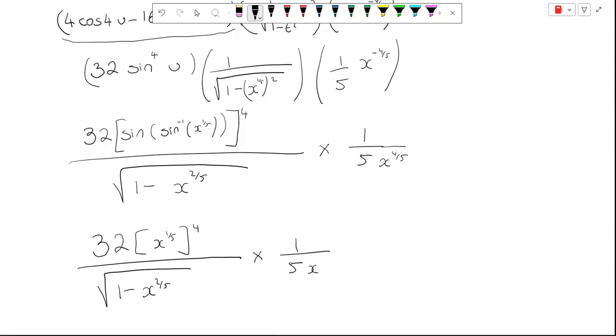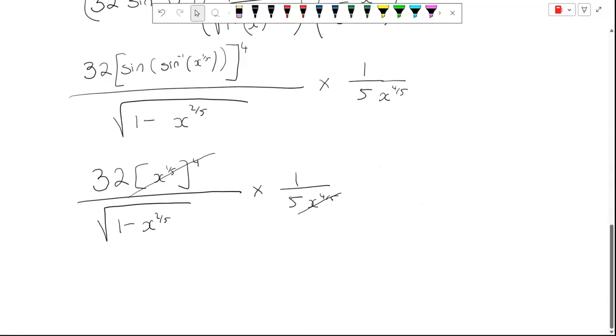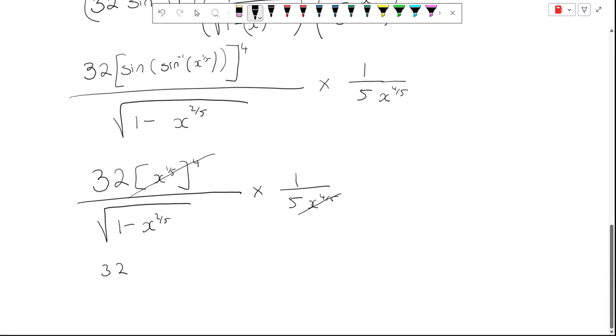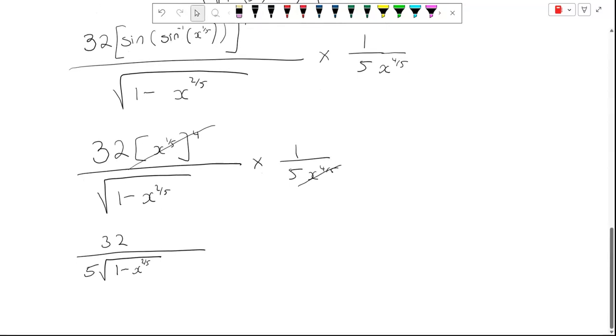So I'm just left with 32 on the top. And at the bottom, I've got 5 square root of 1 minus x to the power 2/5. And hey presto, that's exactly what they were asking for.